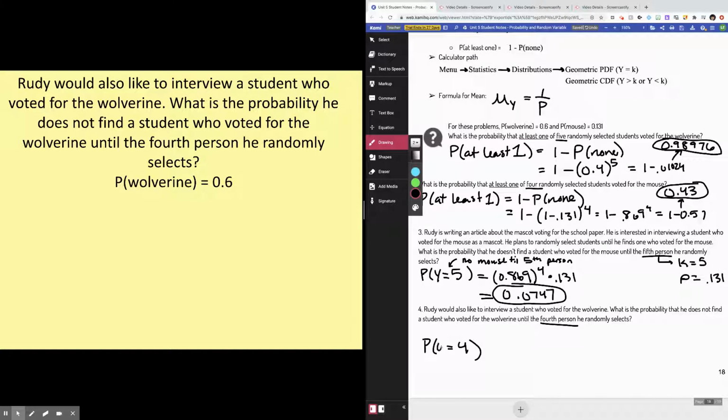I'll use the variable w. If I'm not getting a success until the 4th person, that means I have 3 failures. So 0.4 to the 3rd power times 0.6, which is my success. Plug that in a calculator, and when I did, I got 0.0384.